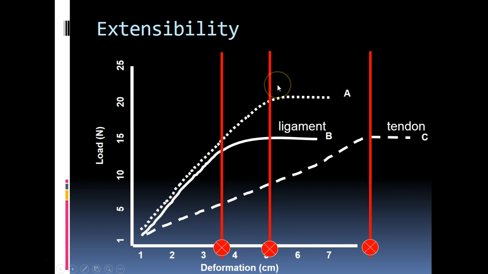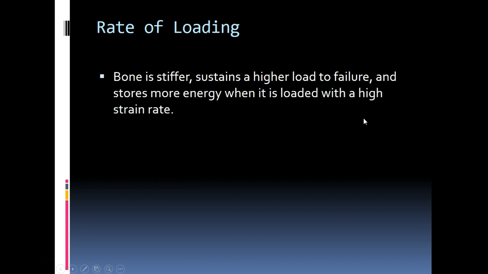This becomes important when we're thinking about how we treat our patients, and how much load we should be applying to specific anatomical structures. This is just an example of looking at how much load can be applied and how much deformation can occur in that tissue before we really hit the breaking point.